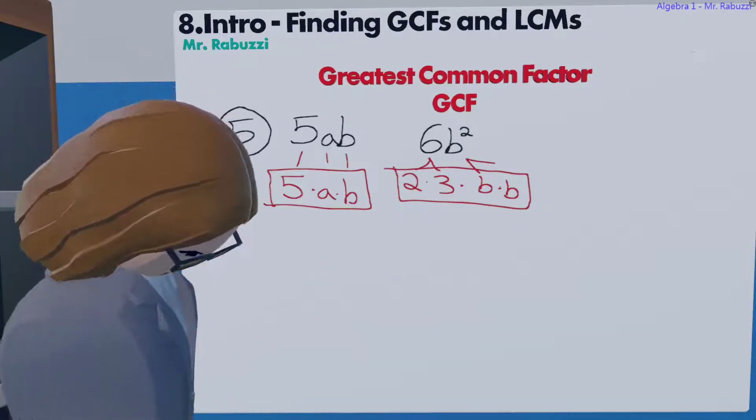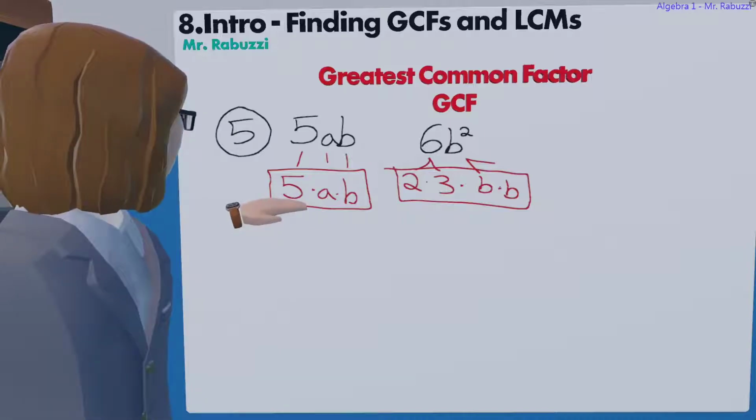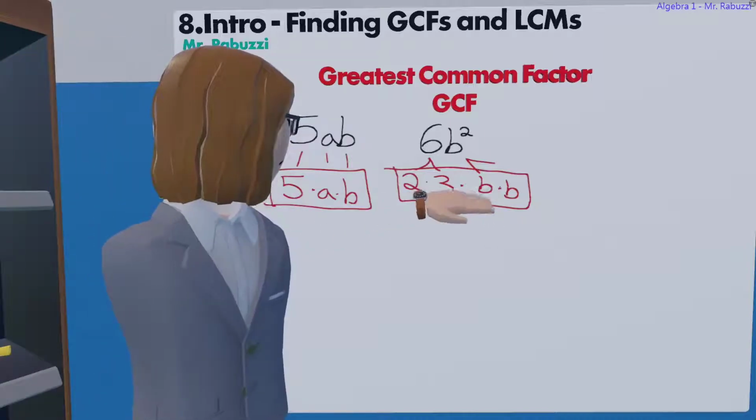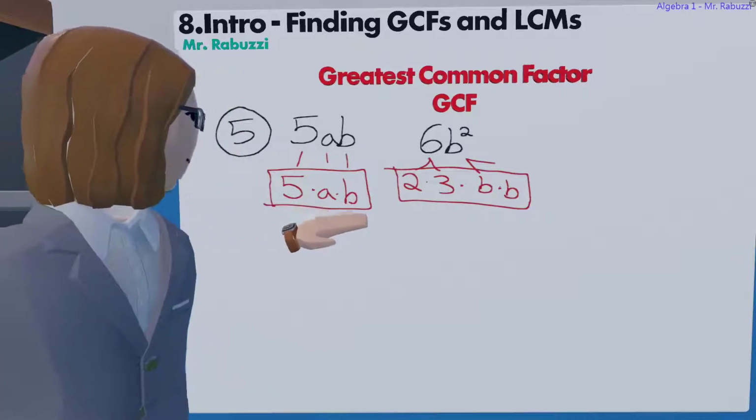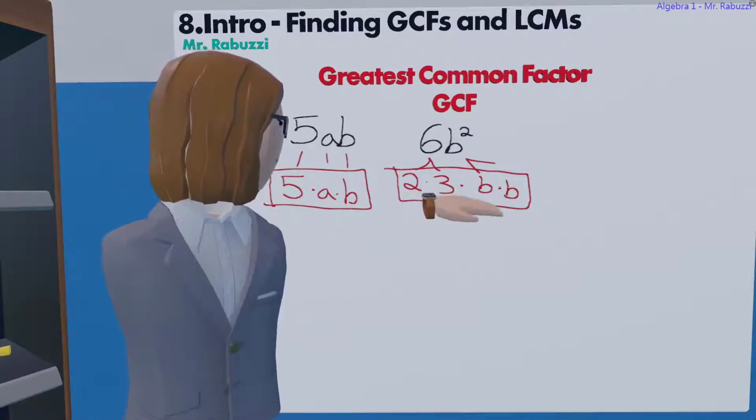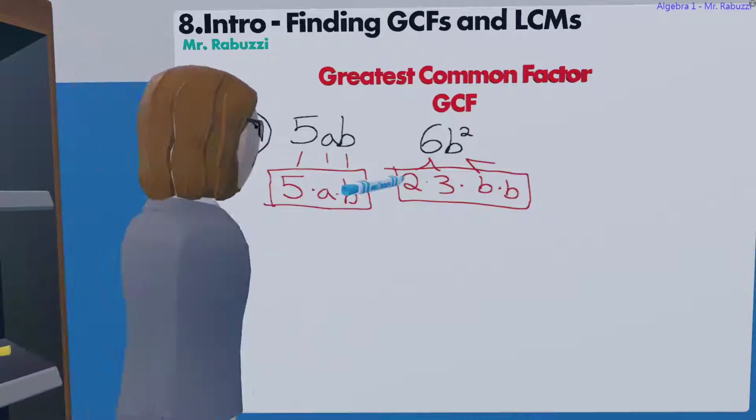All right, let's check what matches. 5. No 5 over here. A. No A over here. B. There's a B over there.